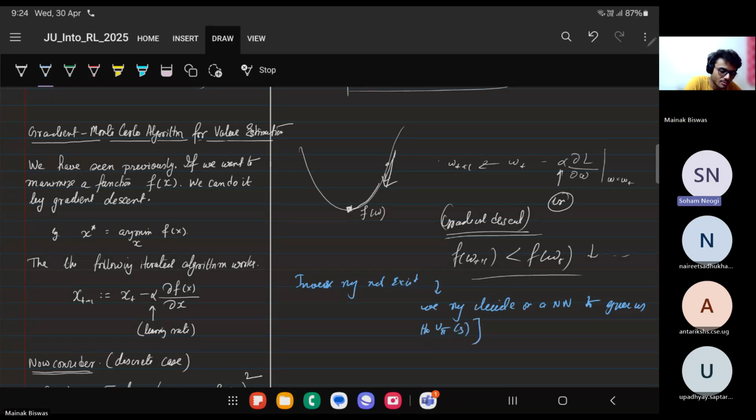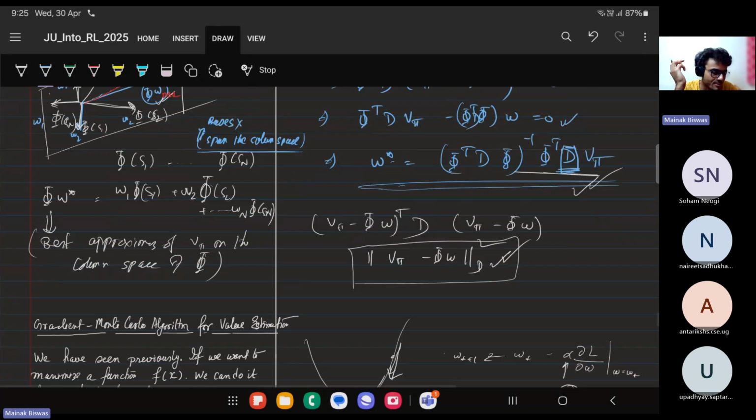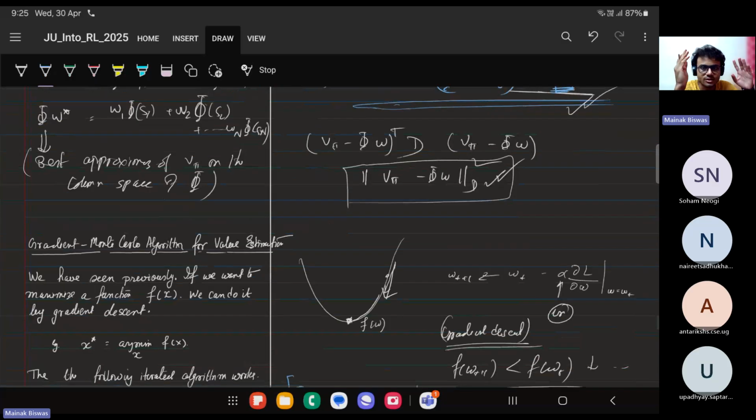Could we use pseudo inverse? Yeah, you can use pseudo inverse, but that's only for linear function approximations. And also these matrices could be very large in themselves, and even the state space could not be finite. So all those things could have happened, and therefore we need some approximation methods to deal with that. So you can always use pseudo inverse, Penrose inverse.